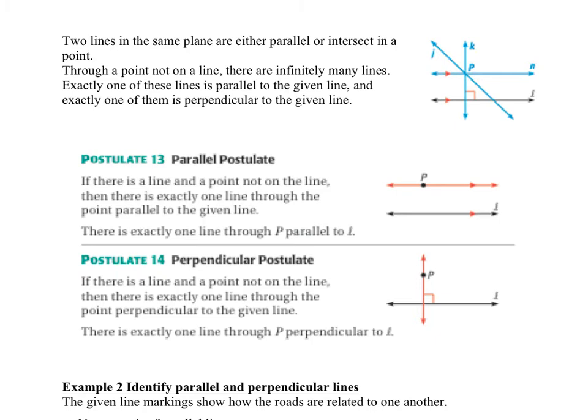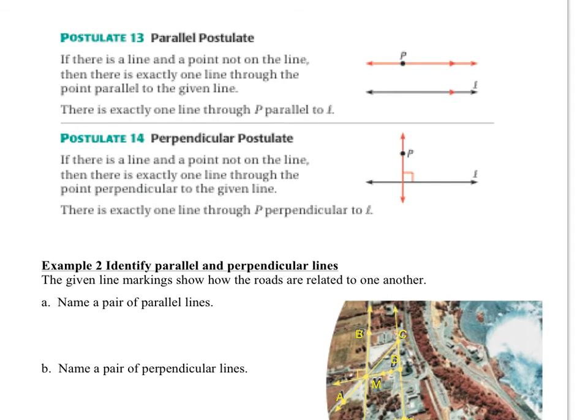Now we're going to move on to two lines in the same plane are either parallel or intersect at a point. So through a point not on a line, there are infinitely many lines. Exactly one of these is parallel to the given line, and exactly one is perpendicular to the given line. So we have these two postulates here.